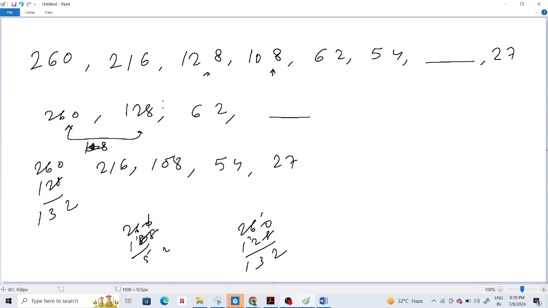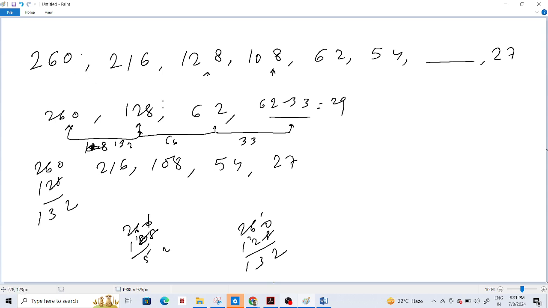Here the difference is 132, this difference is 66. Okay, so 132, 66, so 132 is the double of 66, right? So that means this one should be what? 33 difference. The half of 132 is 66, the half of 66 is 33, so that means this should be 62 minus 33, that is 29.